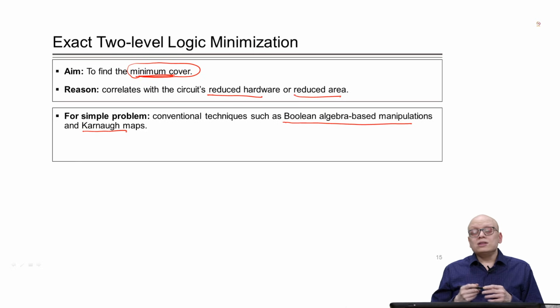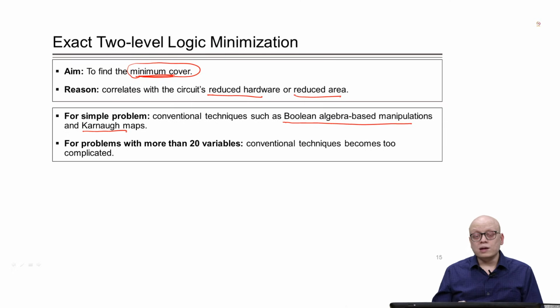These techniques work when the number of variables is small, but when the number of variables increases, say more than 20 variables, conventional techniques are not of much use, and we need a systematic way to do logic minimization, which we will be looking at.